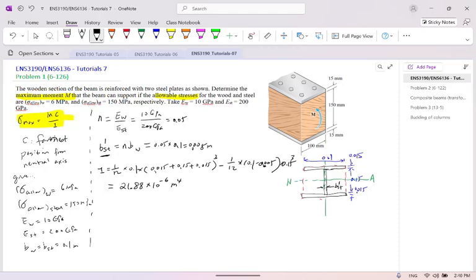But remember, we're going to find the sigma max. This is only for steel. It's equal to M, c steel, remember, this is steel, over I. So of course, it should be equal to sigma allowable for steel.